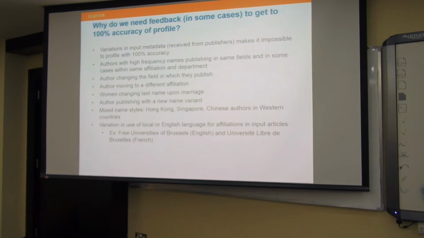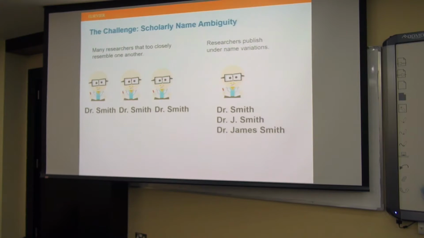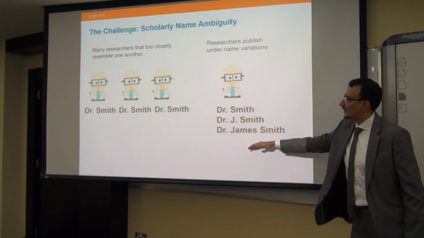Coming to a different point, which is why do we also need help from you regarding the authors' names to reach 100% accuracy? There's an algorithm happening in the background when we do indexing for the articles, capturing the information of the author and so on, but it's impossible to reach 100% accuracy because you have different forms of the name.